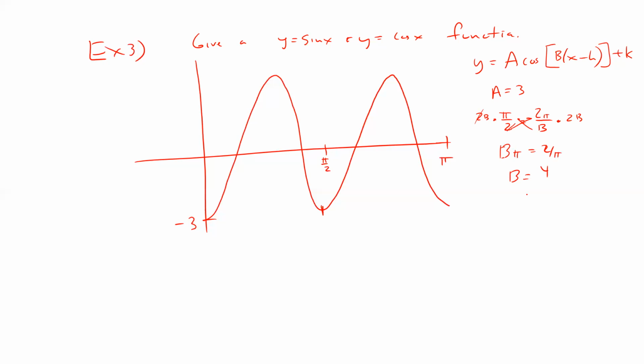I'm going to go with -3 cosine of 4x this time. The h is 0, right? Because we haven't moved cosine and we have not moved up and down. All right, so now the sine curve. The period's still the same, is that correct? The period has not changed. The amplitude has not changed.